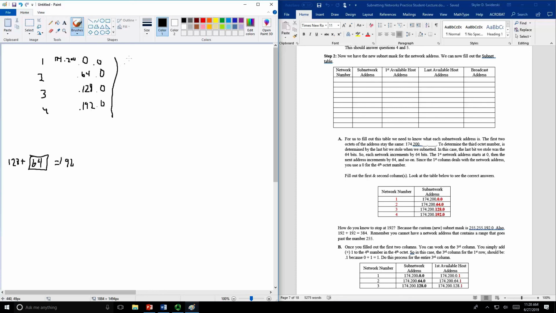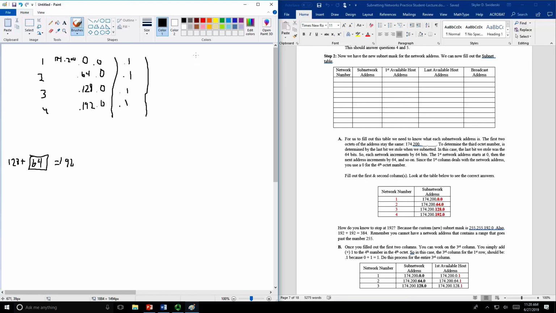So in this case, .1, so it'll be 174.200.0.1. Next one will be 174.200.64.1, and so on. The 4th octet of every number in this column will be the same, because they all start with 1.